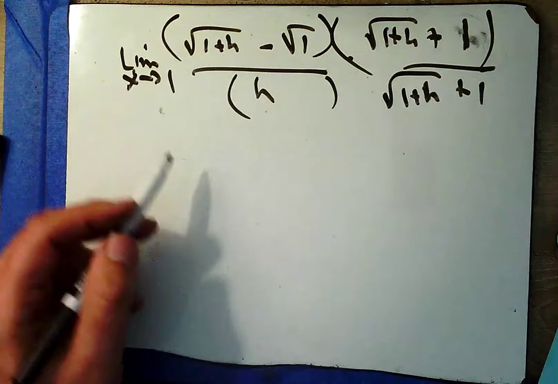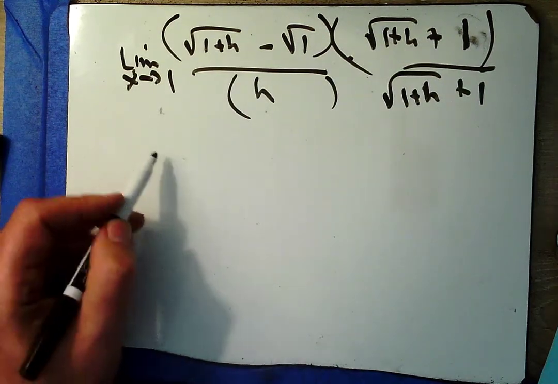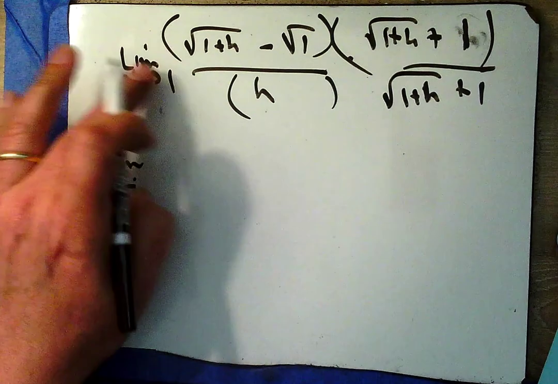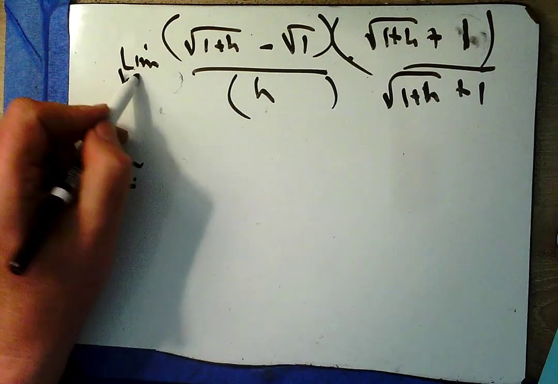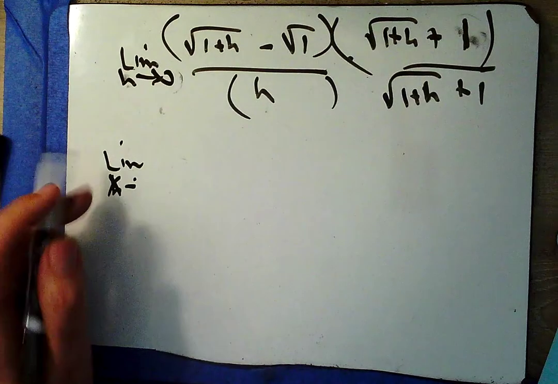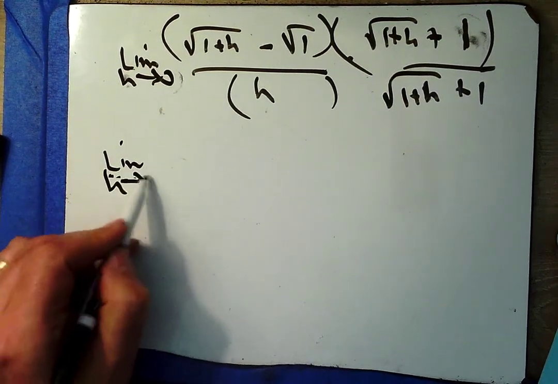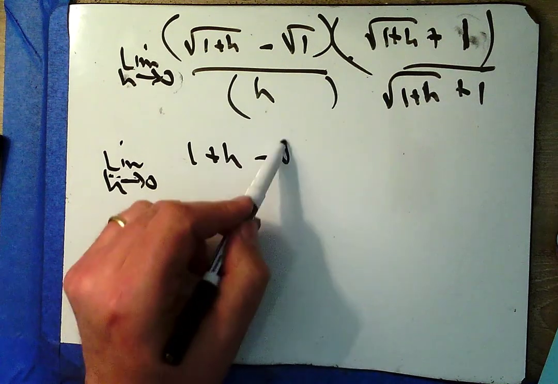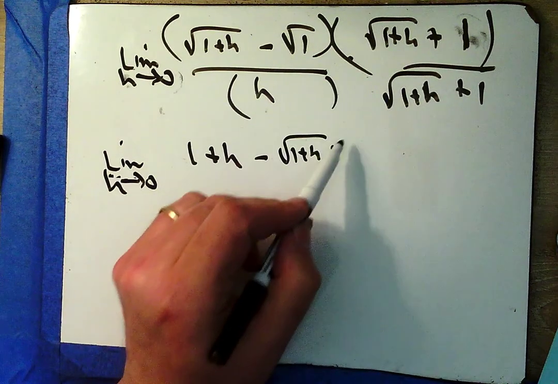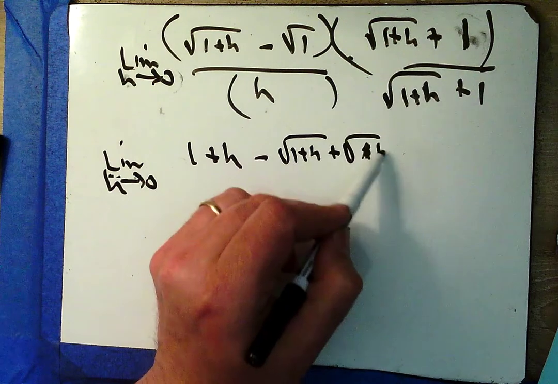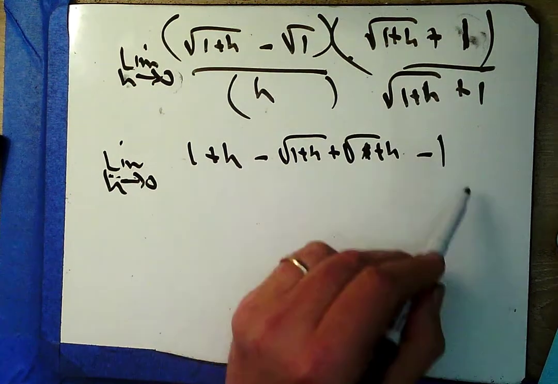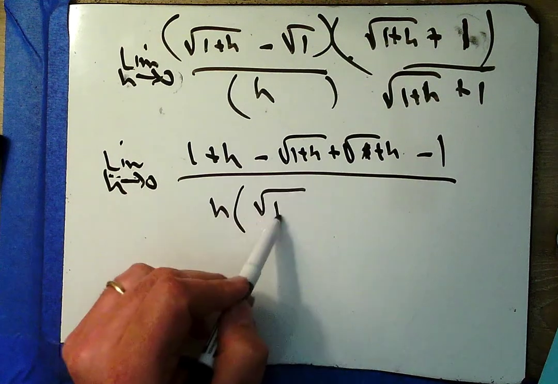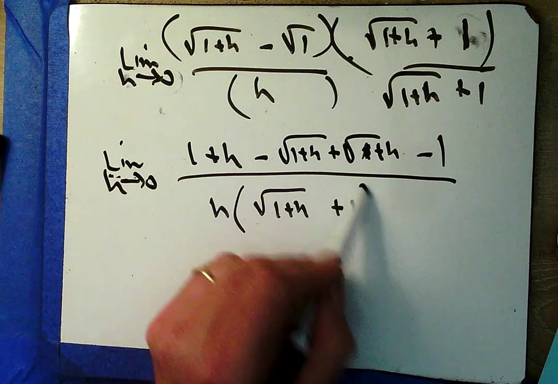And so when I FOIL, I end up with the limit as h heads to 0 of 1 plus h minus 1, over h times the quantity square root of 1 plus h plus 1.